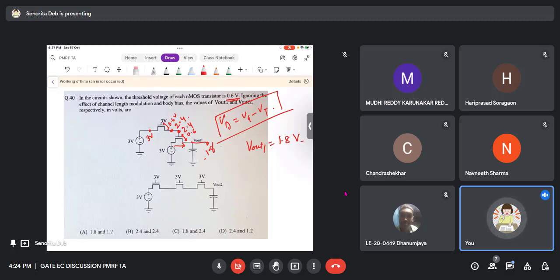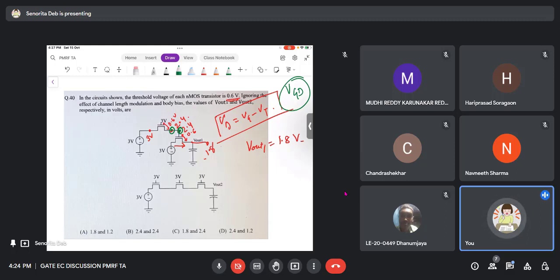So 2.4 volts is the voltage here at this point, right? This is the same 2.4 volts. And the drop is 0.6 of VT, which is coming between your gate and drain. It is basically the VGD. Okay, so now that is 1.8, and with the same logic, in the second circuit, what will happen?